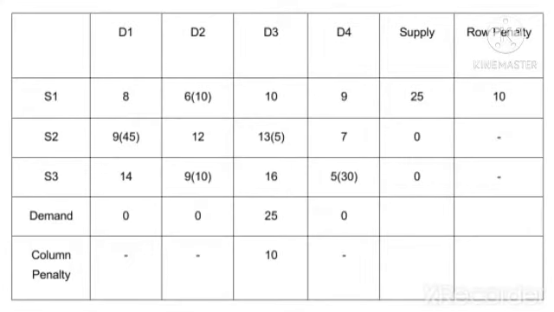Now for the last row and column, we have 10 as the maximum penalty, which occurs on the row S1. The maximum allocation in this cell is 25 to be allocated to the minimum Cij in this row, which is S1 and D3.